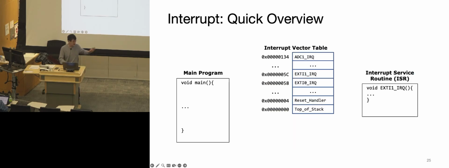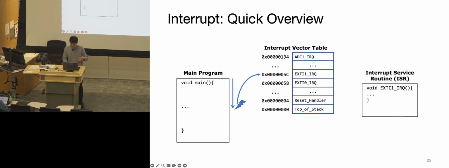So to put it into context, we have some program running, and then at some point an interrupt happens, and all of a sudden we go to this table, which is part of the NVIC, the interrupt vector table, to look for which type of interrupt it corresponds to. Remember, each of them is hardwired, so we know exactly where they come from.